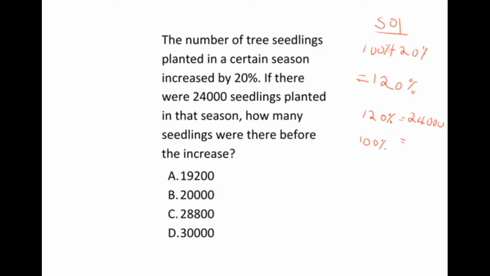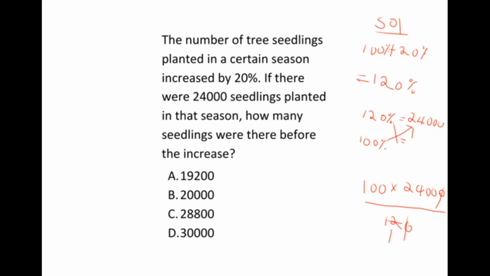Then from there we will cross multiply. We shall have 100 here times 24,000 over 120. Then from there we shall now simplify. You can cancel this 0 with this 0 there.